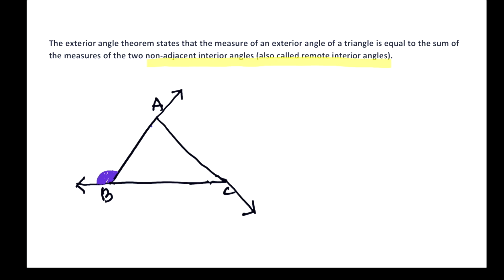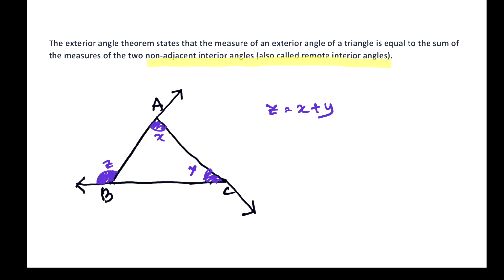The two non-adjacent interior angles are angle A and angle C. So if I call them X, Y and Z, Z is equal to X plus Y.